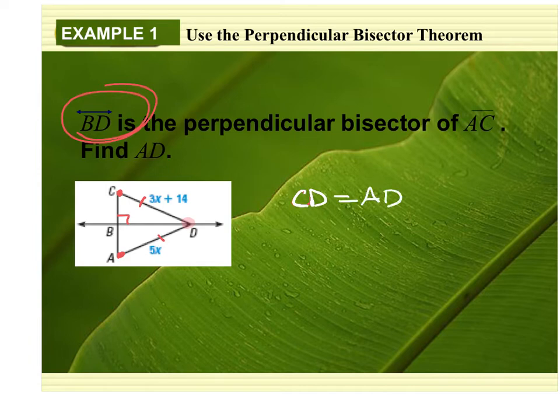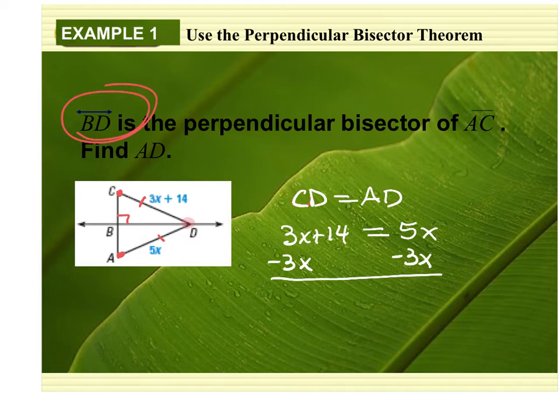So I can set up my equation and say that 3x plus 14 equals 5x. I'm going to move my x's together and solve for x. Divide by 2, and x equals 7.